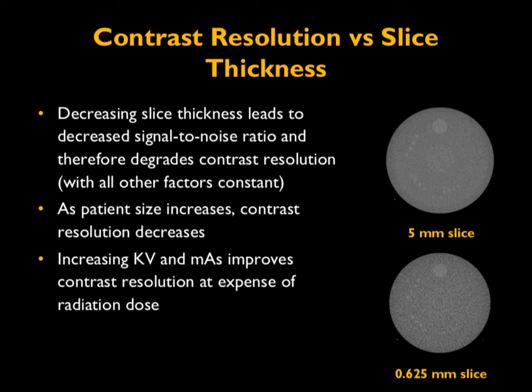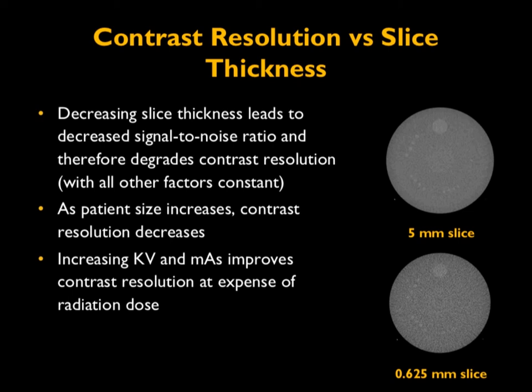And that is demonstrated in this particular slide. Decreasing the slice thickness leads to a decreased signal to noise ratio, so therefore decreases contrast resolution when all other factors are held constant. As shown here, in two panels, one is reconstructed at 5 mm slice, the bottom one at 0.625 mm slice.